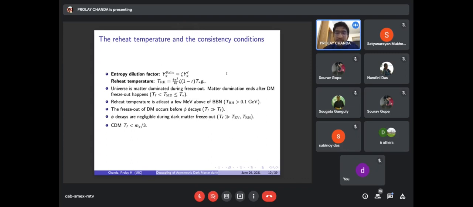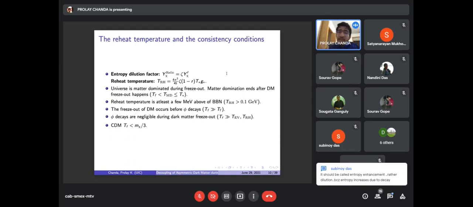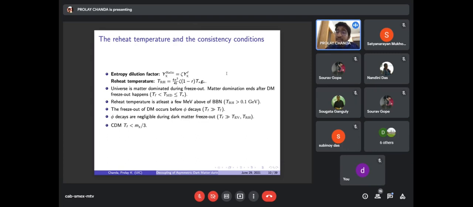Before further discussions, I would like to discuss some of the consistency conditions. One of them is that the matter domination has to happen before freeze out, and after the phi field starts evolving like matter.